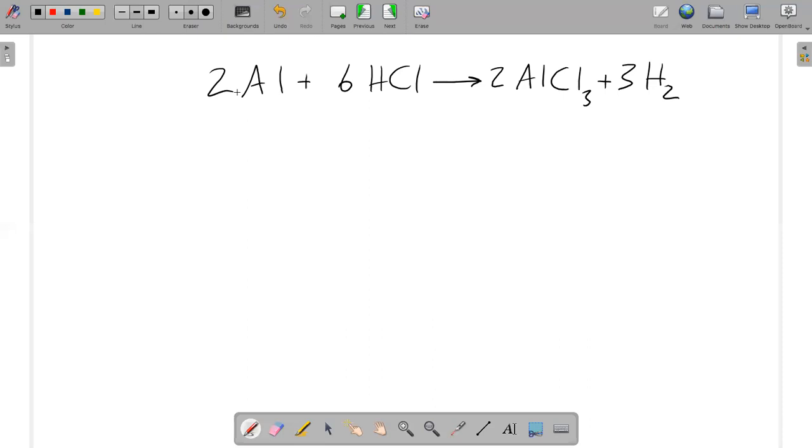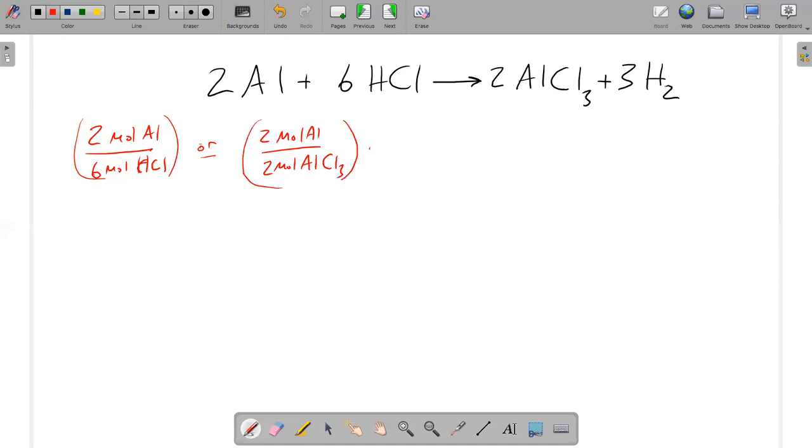So there's a bunch of different ratios, and you don't have to write them all, but one ratio is 2 mole of aluminum to 6 mole of HCl. That's 1 mole ratio. You can also have 2 mole of aluminum to 2 moles of aluminum chloride. Or, you can have 2 moles of aluminum to every 3 moles of hydrogen.